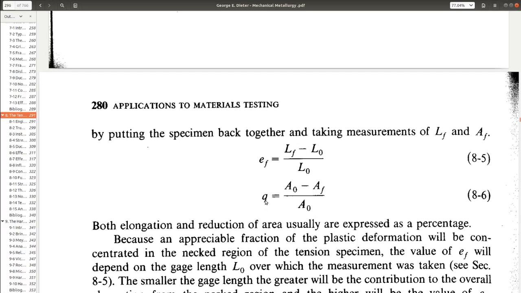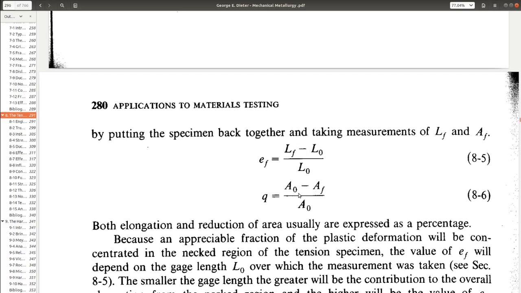Q is something called reduction of area. What is this reduction of area? A0 is the initial cross section and AF is the final cross section.